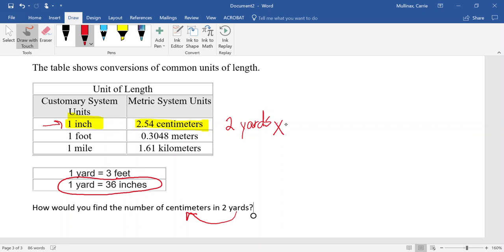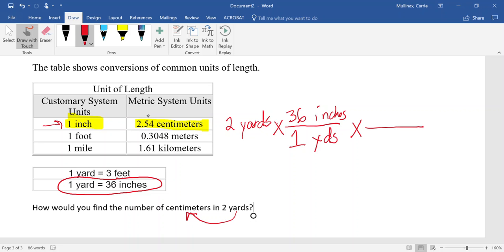So 2 yards times, I'm going to cancel yards and put inches on the top. A yard is much bigger than an inch, so I would expect this to be a bigger number, and 2 times 36 is going to be a bigger number. And then I'm going to go from inches to centimeters.